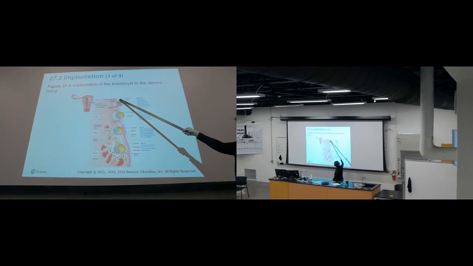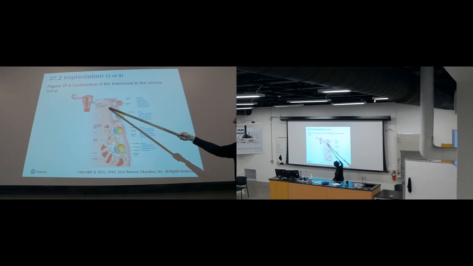And then these inner layers, specifically in this region, this will be the cytotrophoblast. It's near to the inner cell mass. And then the external layer that starts growing, that forms a large mass of cells, this will be the syncytial trophoblast. And these are glands within this endometrium.